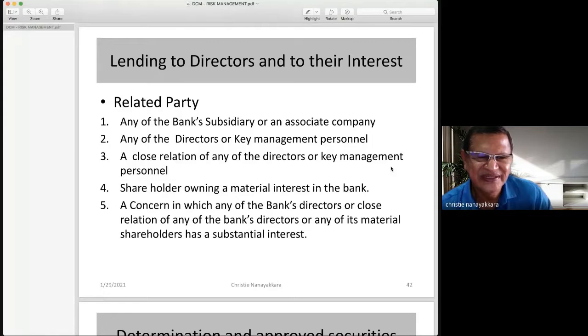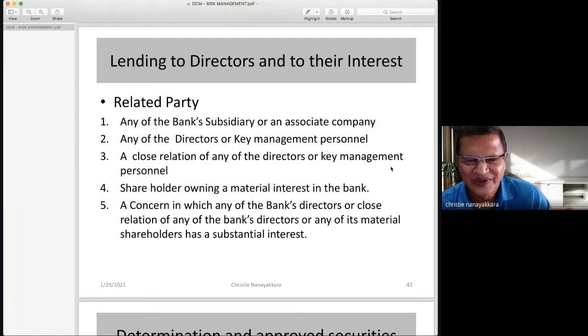A close relation of the director or key management person, that means their spouses or wives, also becomes a related party. A shareholder owning a material interest in the bank, generally 10%. If a shareholder has 10% of the shares of the bank, he also becomes a related party, because then he can influence a lot in order to get his facility.